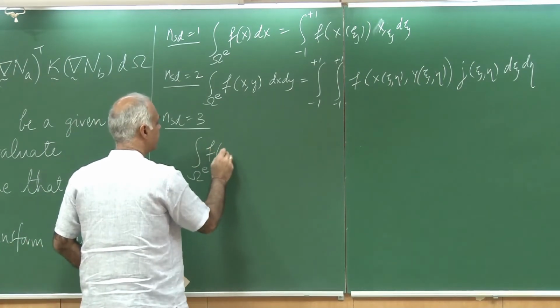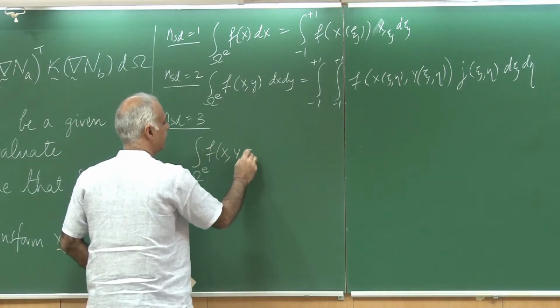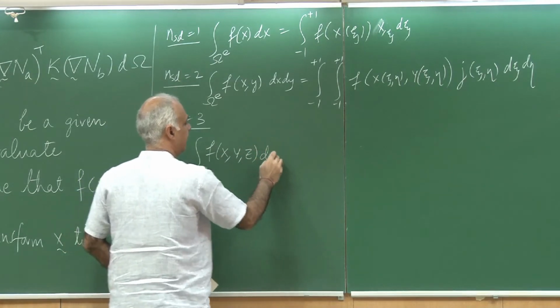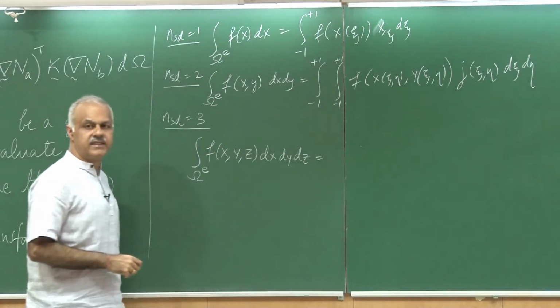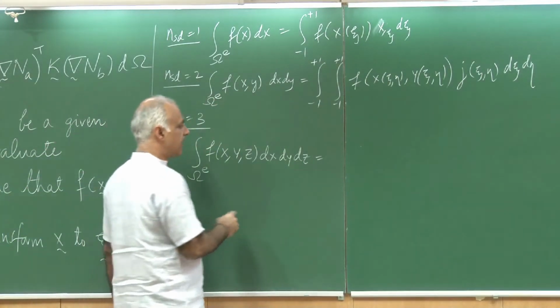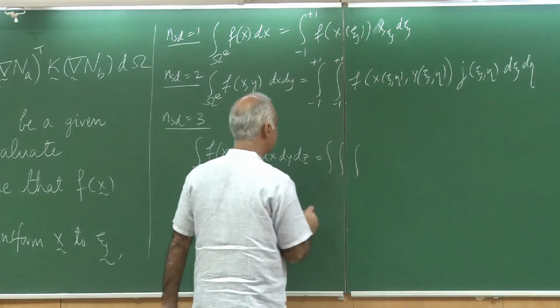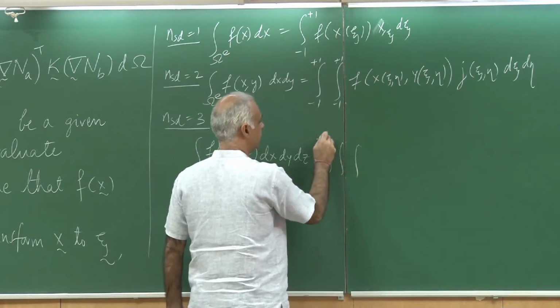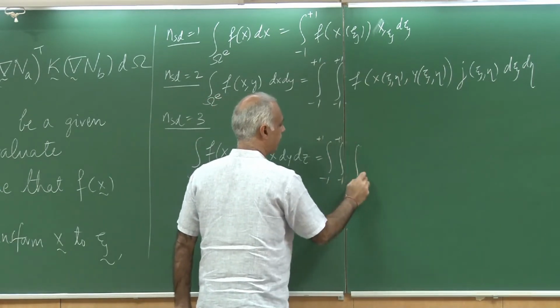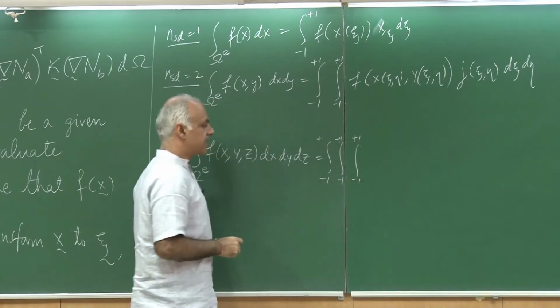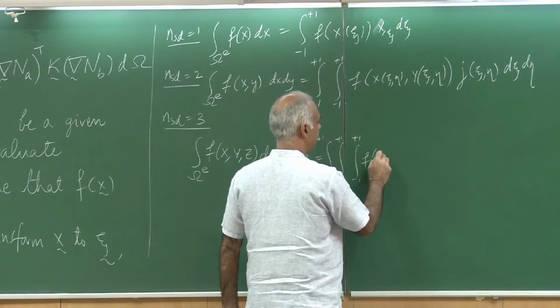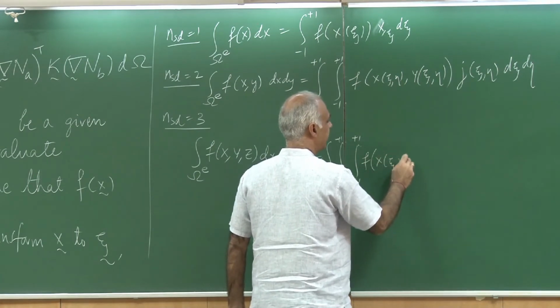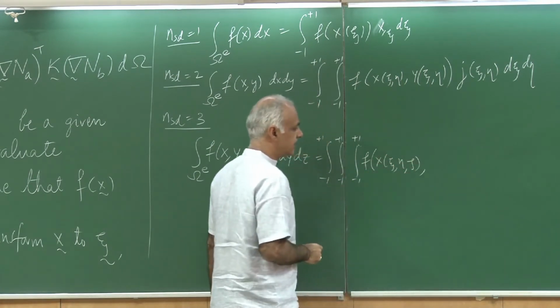We can generalize this to 3 dimensions also, quite straightforward. So, now f is going to be a function of x, y and z, and this is going to be now a volume integral dx, dy and dz. This I am going to replace with a triple integral from minus 1 to plus 1 for all the 3 axes, and in this f, x is a function of xi, eta and zeta.